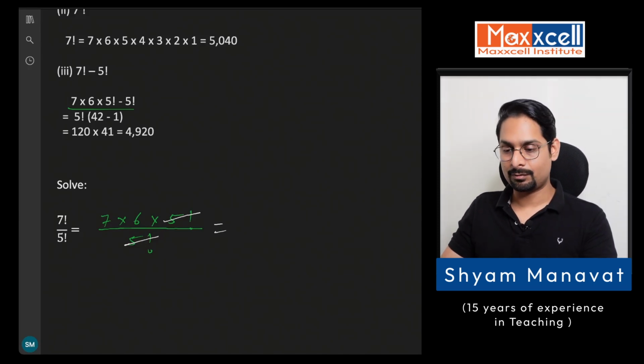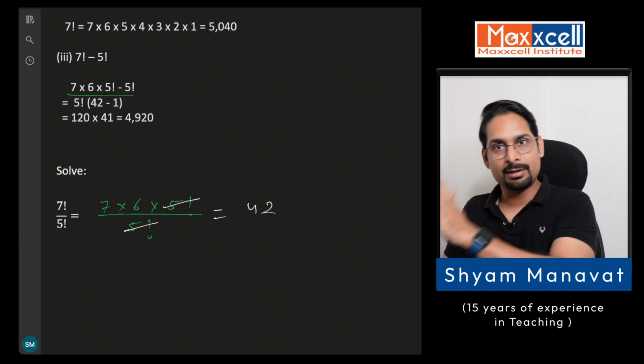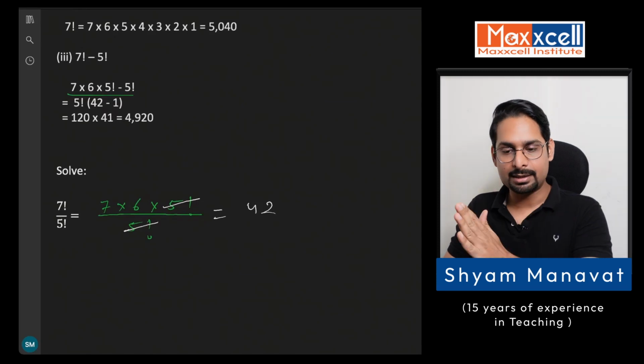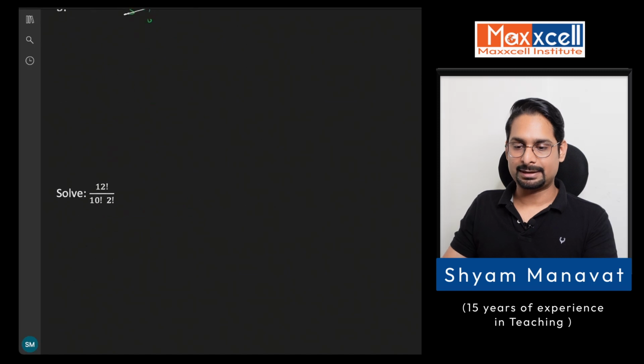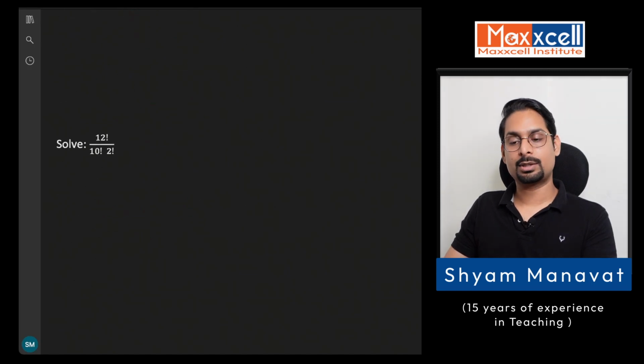7 6s are 42 here. Okay. So if you have factorials in division, do not simplify the entire thing. Break it down. See what you can cancel between the denominator and the numerator. One more example. 12 factorial by 10 factorial into 2 factorial. So here also, tell me what we should do.